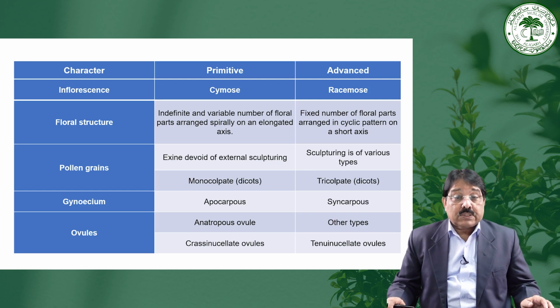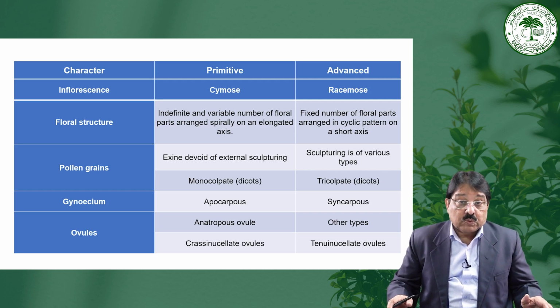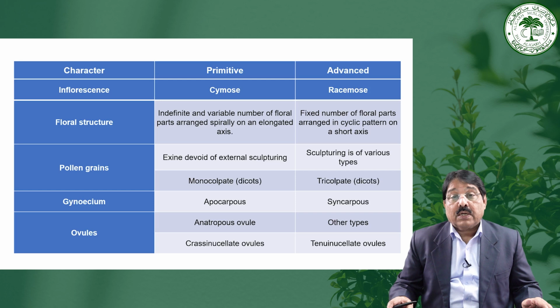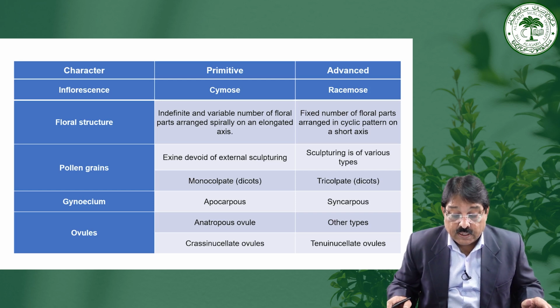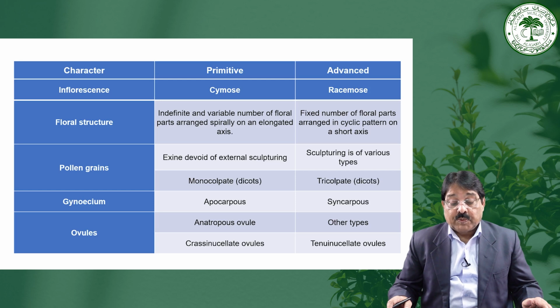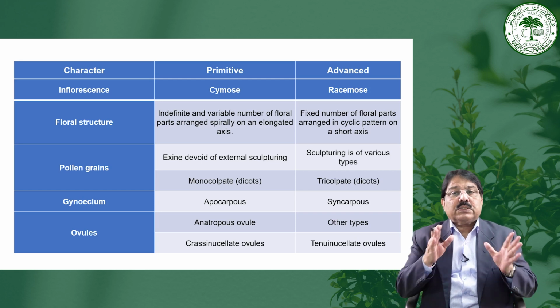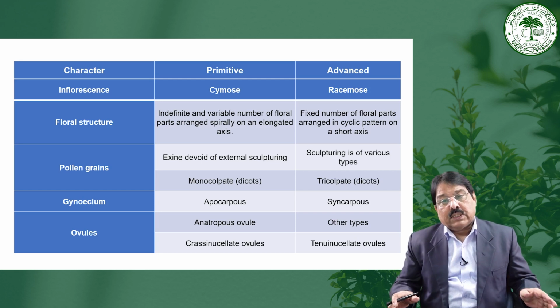Then the inflorescence type also plays an important role in identifying the plants. That is, cymose or racemose or some special type, whatever it is; he also observed that character. He observed the indefinite, variable number of flower parts arranged spirally on an elongated axis, and then the fixed number of flower parts. He considered which one is the primitive character and which one is the advanced character.